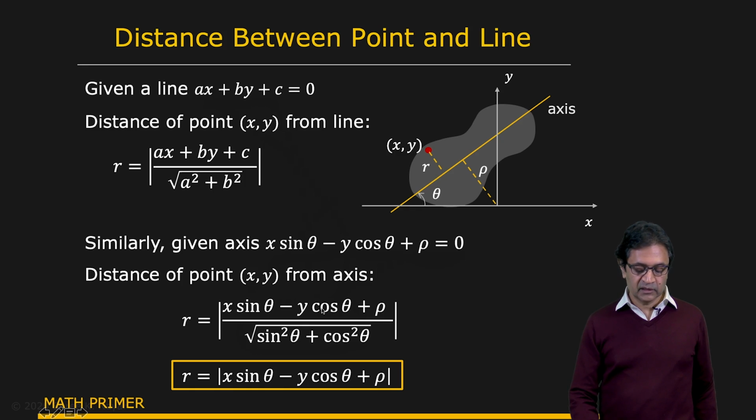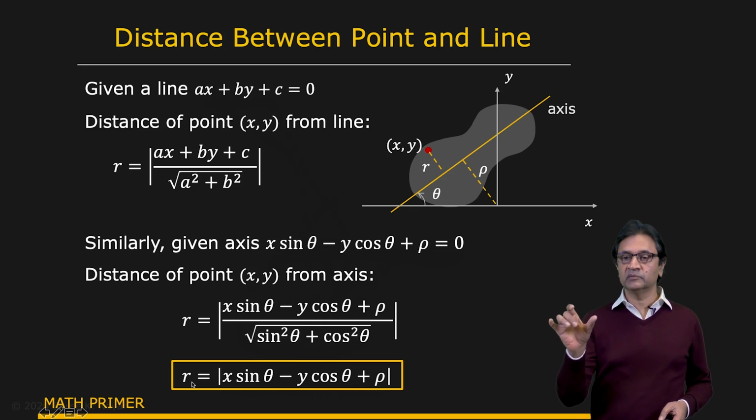And now you see that in the denominator you have sine squared theta plus cosine squared theta, which we know is 1, and therefore you get r equal to this expression, where you see that this is nothing but the left-hand side of the straight line equation itself. So you plug in any x and y here, you end up getting the distance r.